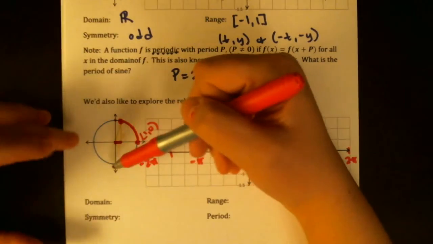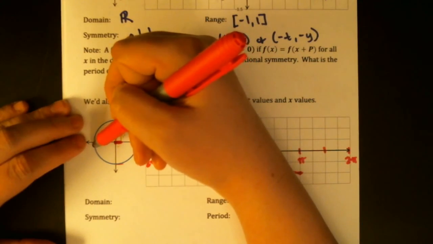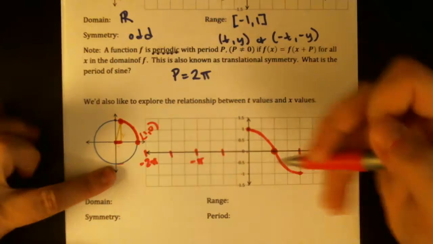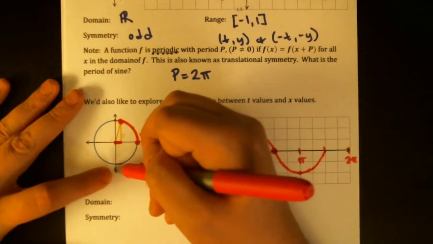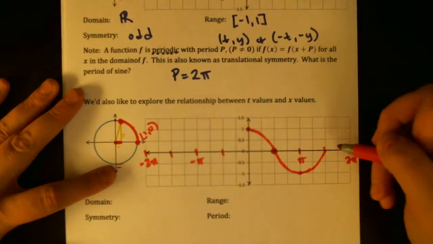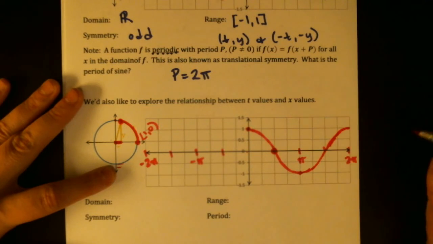From pi to 3 pi over 2, my x-coordinate goes from -1 back up to 0. And then from 3 pi over 2 to 2 pi, my x-coordinate continues increasing to 1.